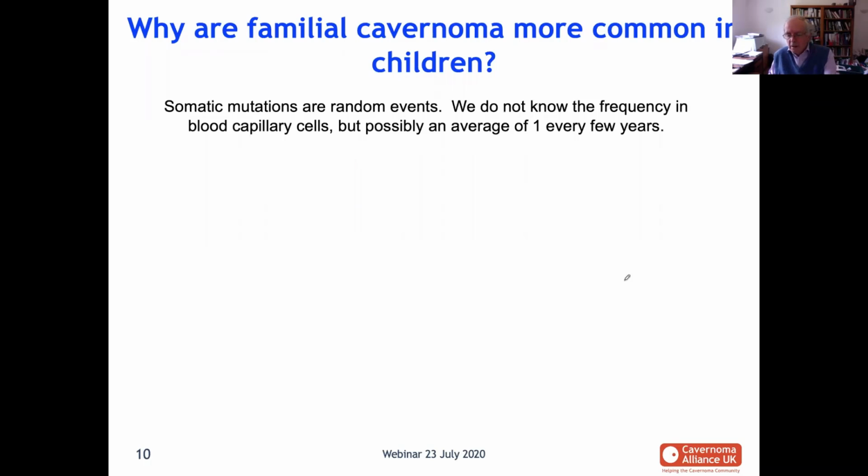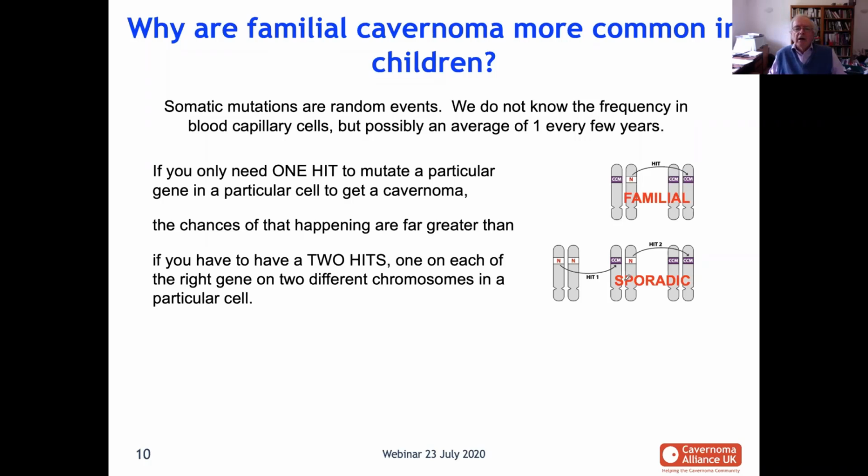Whereas if you have to have just one hit to get a familial form of Cavernoma, that can happen quite easily. It might only be every year or so on average, but nonetheless, you will get lots of familial Cavernoma.